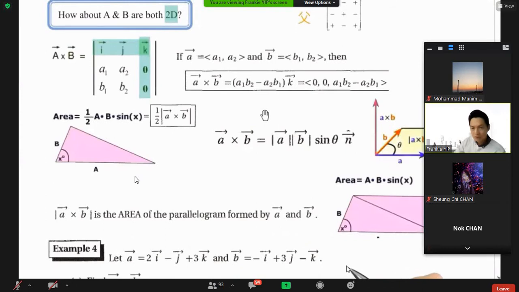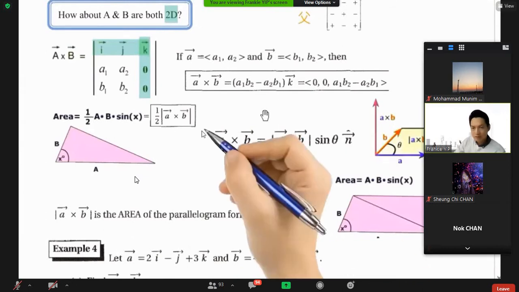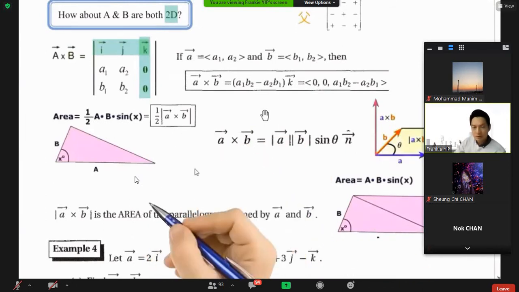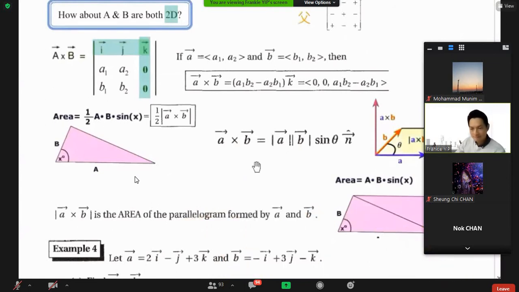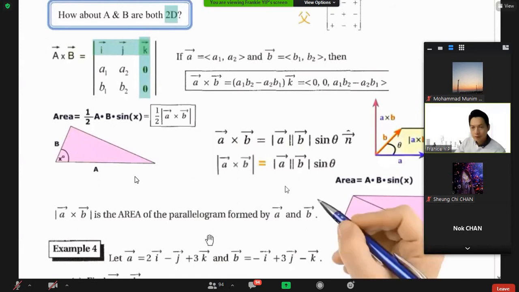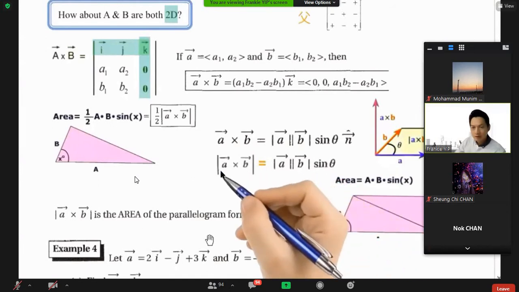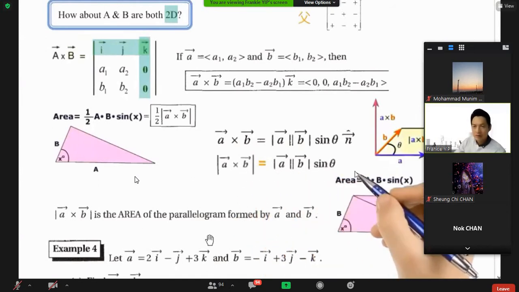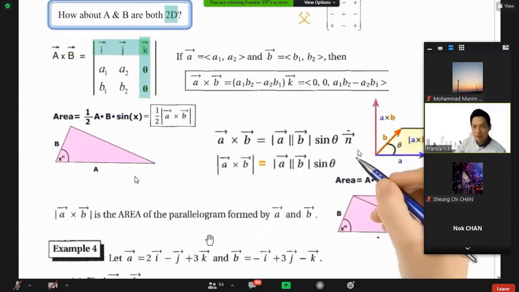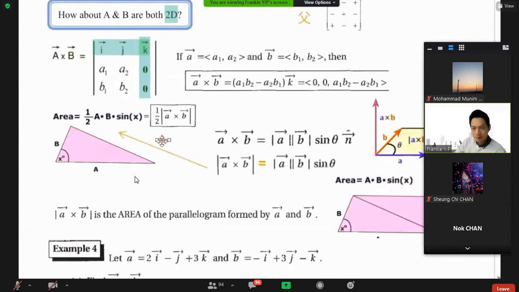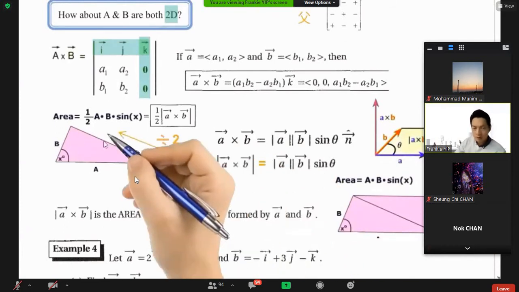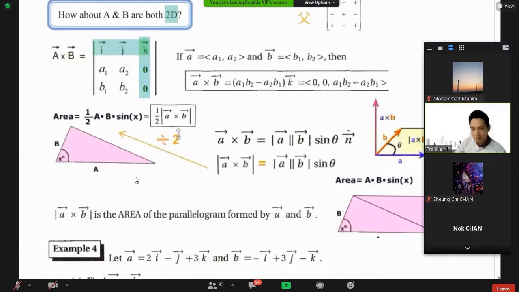Take a look at these two. So once again, if we are focusing on the magnitude of A cross B, we can ignore the normal vector. This one over 2, and then we have the triangle. Easy.